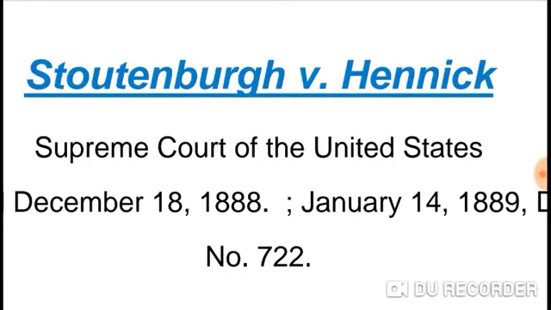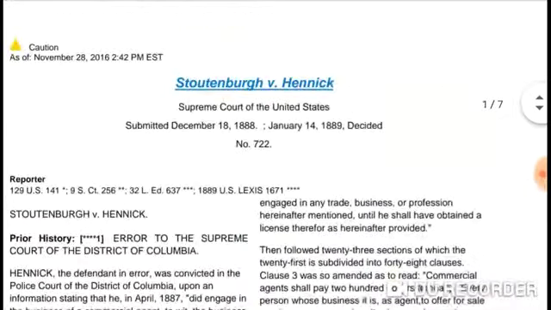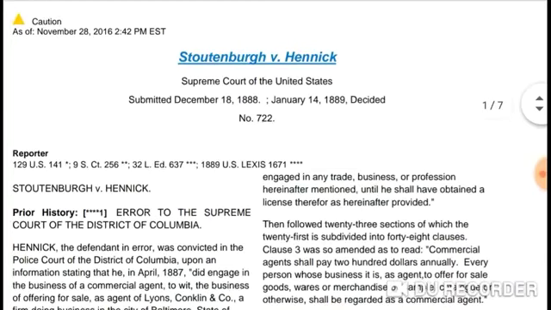Right? Now, we can understand from the case I just showed you what happened here in Stutsman versus Hennig, Supreme Court of the United States, 129 U.S. 141, 1889. Now, I got this from the law library. This is a LexisNexis version with lawyer's headnotes. I got this case in 2016.